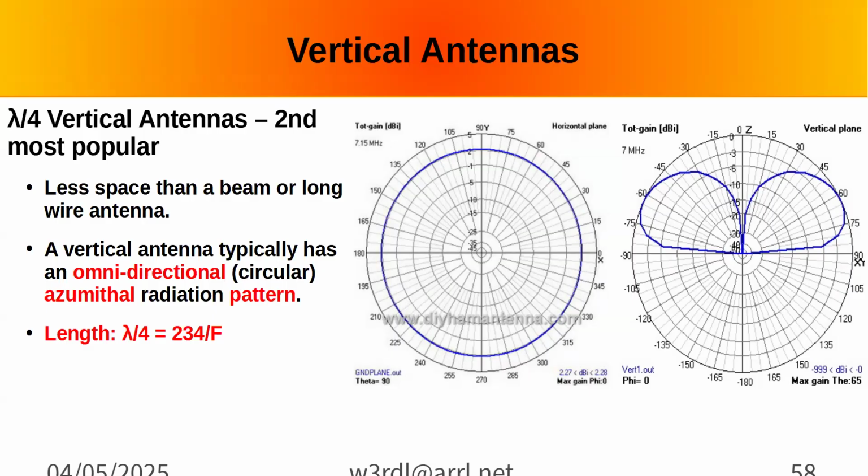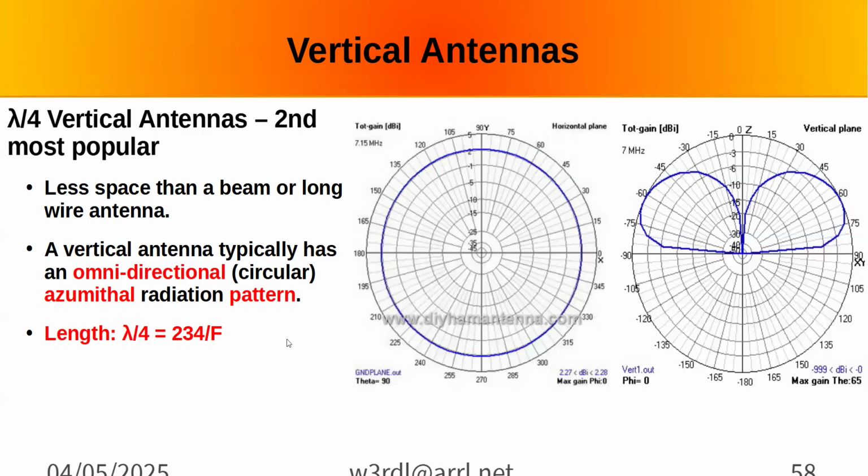It has a lower takeoff angle typically, and it is omnidirectional, unless something else is close by interfering with the pattern. If you put two of them up, then you change the pattern considerably, and we'll talk about that in a bit, called phasing.